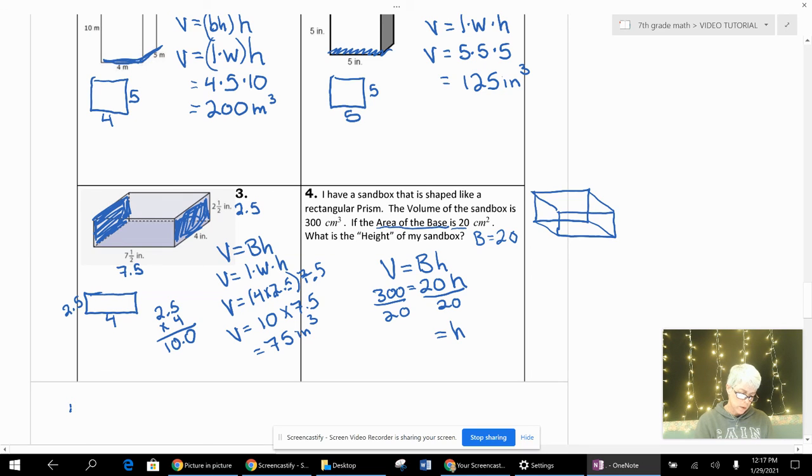H equals, if you remember some things about dividing, we can knock those zeros out. I could do a division problem for you, but I'm just going to go ahead and tell you it's 15. So the height is 15, and it's 15 centimeters because it's just the one dimension, the height. We're not talking about volume. It gave us the volume, and it wanted us to find the height.